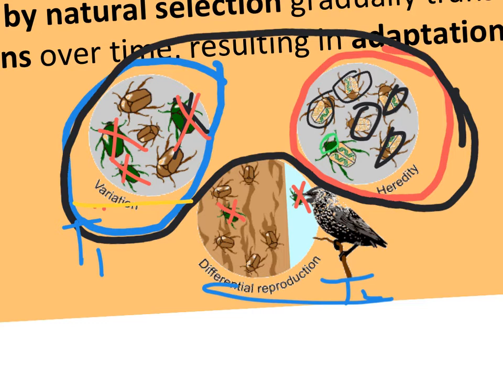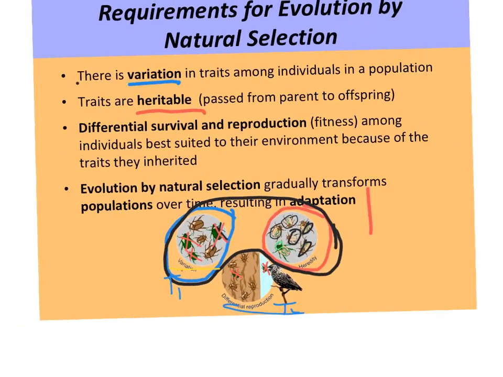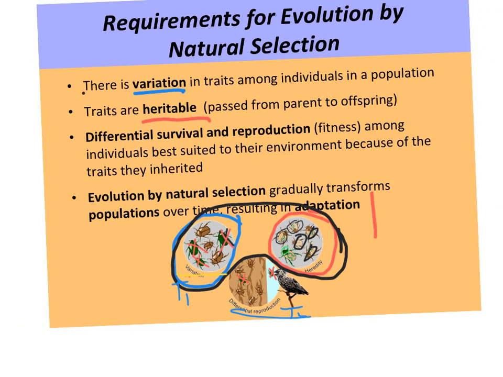And some starlings are going to eventually find those brown beetles, but in general, the whole population is better adapted to its environment. Okay, so differential survival and reproduction. Evolution by natural selection gradually transforms populations over time, resulting in adaptation.